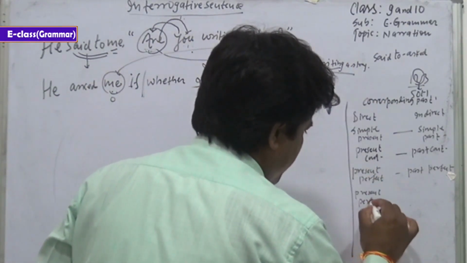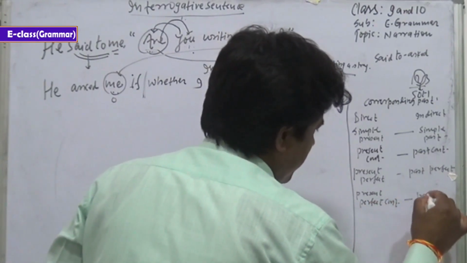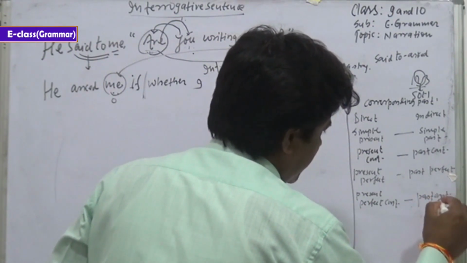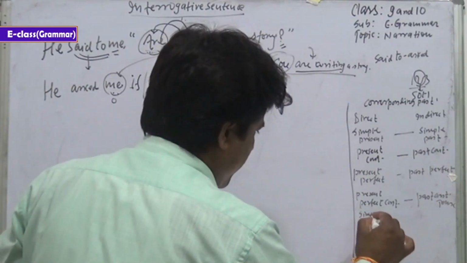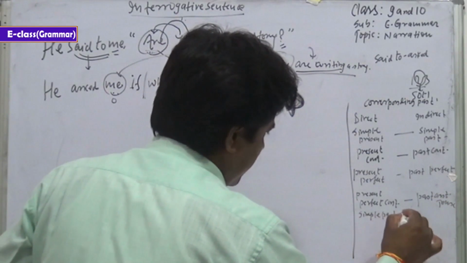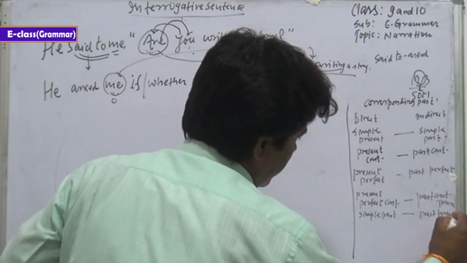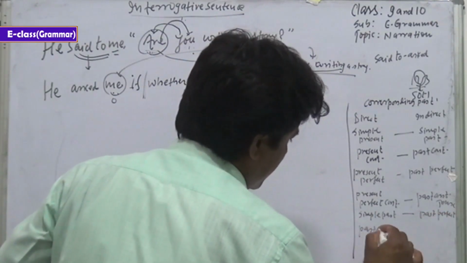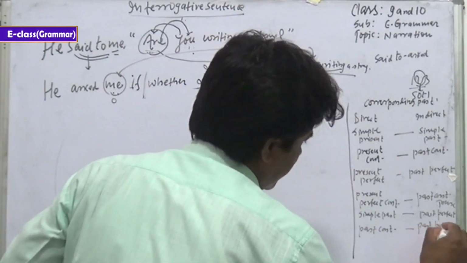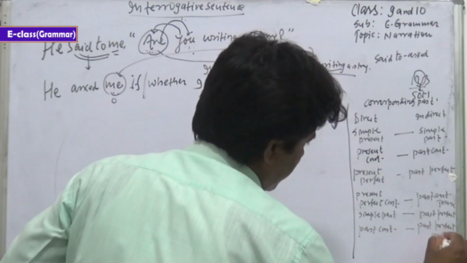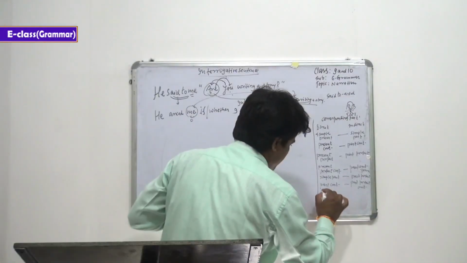Present perfect continuous tense into past continuous tense. Write down this better. Simple past into past perfect, past continuous into past perfect continuous, and past perfect no change. I will not write this. Past perfect continuous again no change.